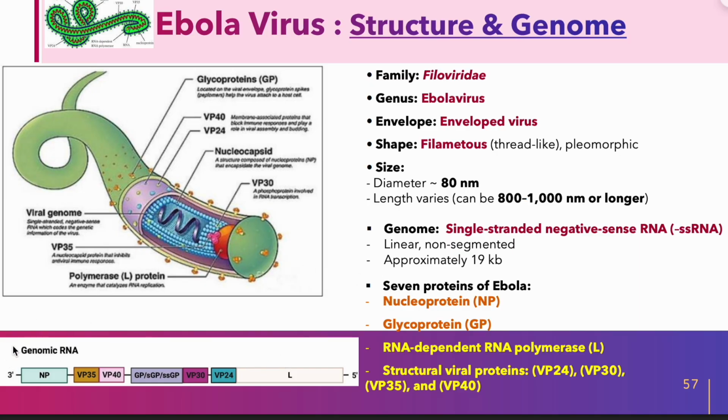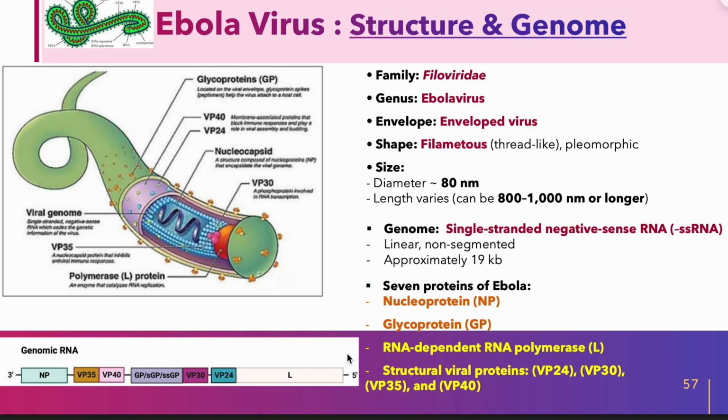So here is the genomic RNA. As you know, the genome is single-stranded negative sense RNA, so this virus comes with RNA-dependent RNA polymerase.